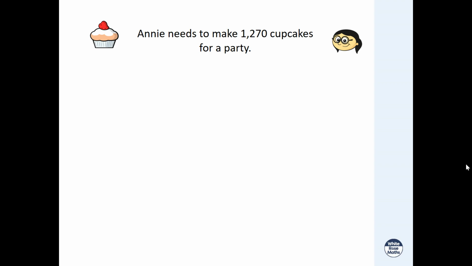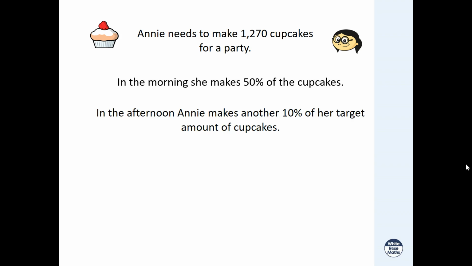So we're going to have a little look at a question now. Annie needs to make 1,270 cupcakes for a party. In the morning, she makes 50% of those cupcakes. And in the afternoon, Annie makes another 10% of her target amount of cupcakes. How many more cupcakes does she need to make?